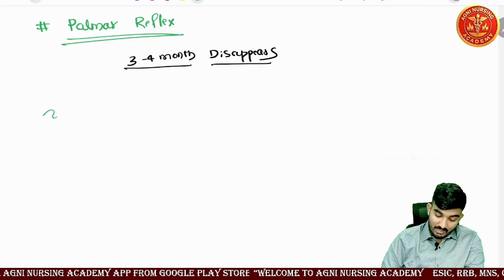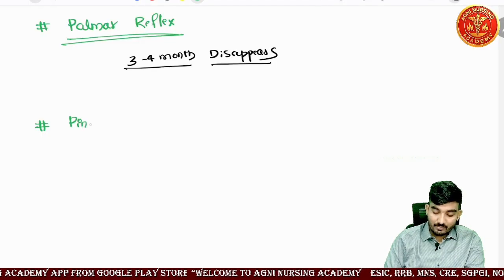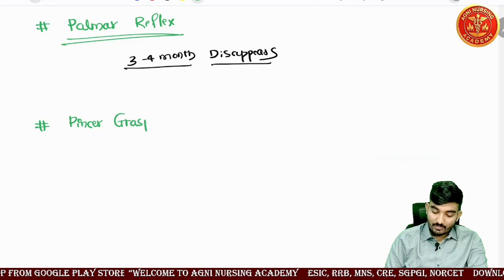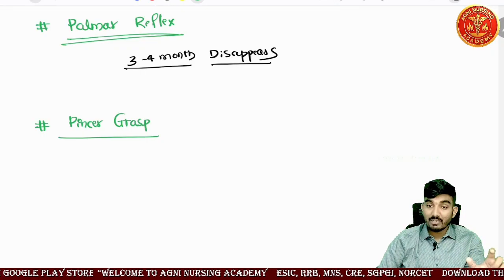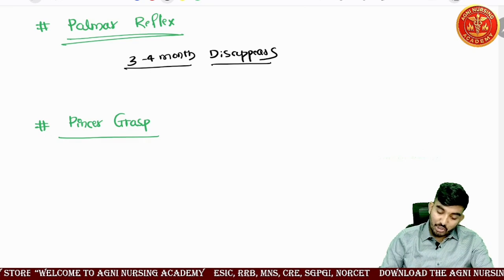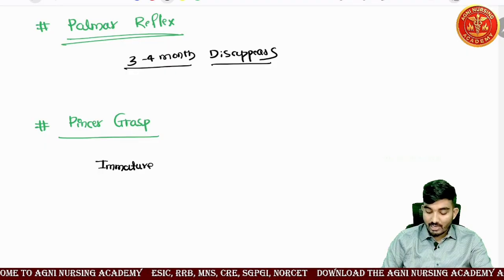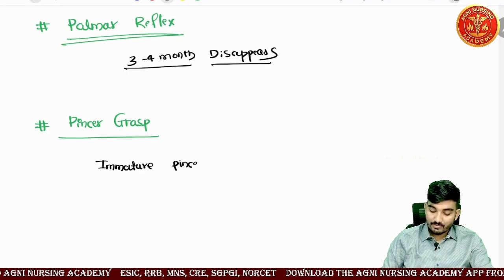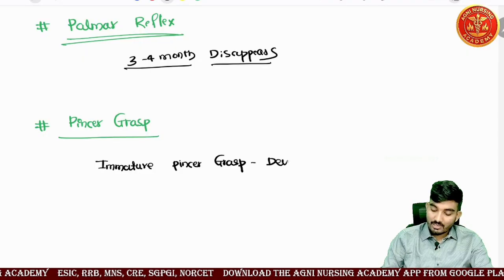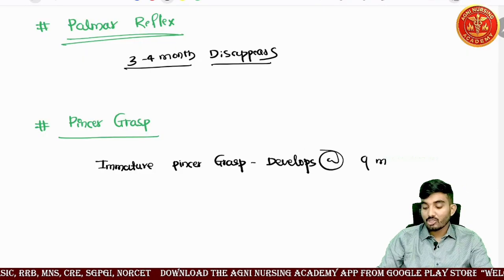Another reflex is the pincer grasp. Pincer means fingers, grasp means grasping. The immature pincer grasp develops at 9 months of age.